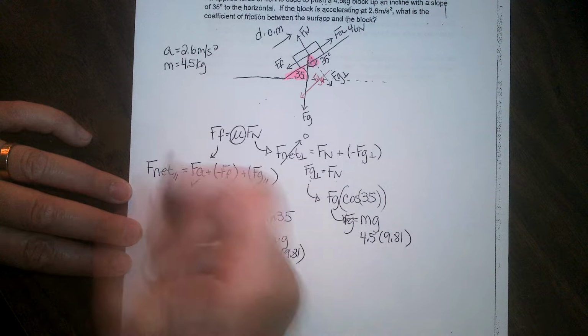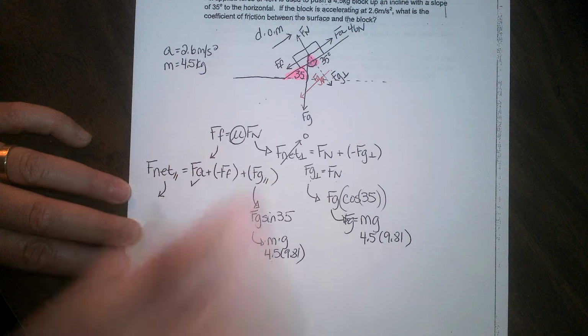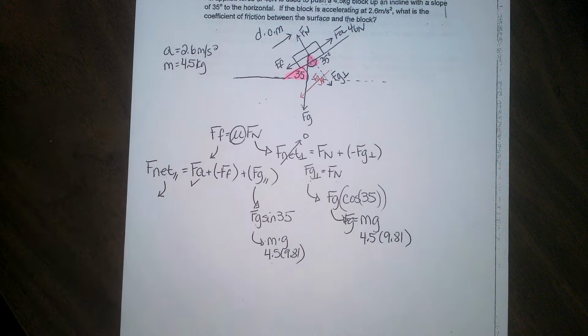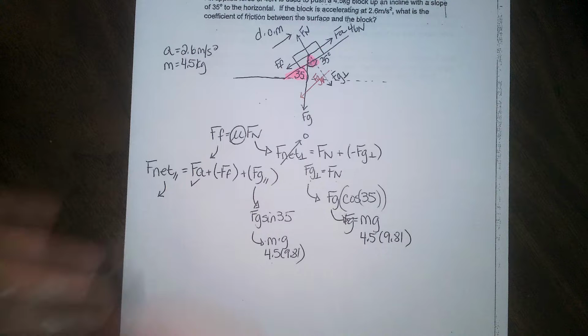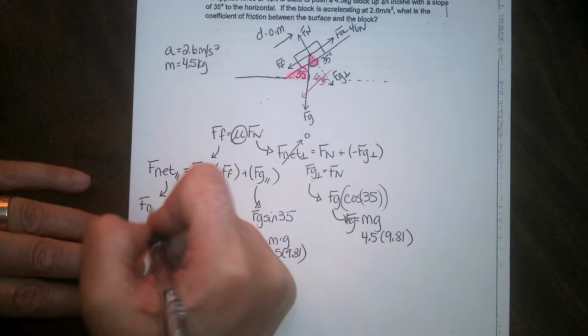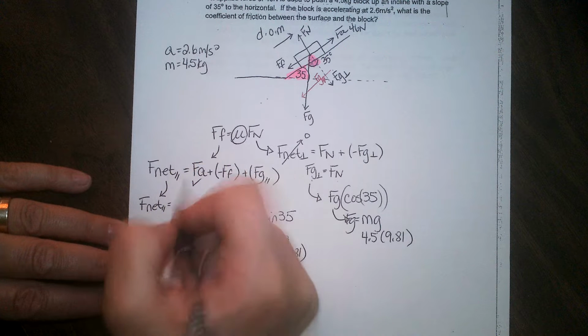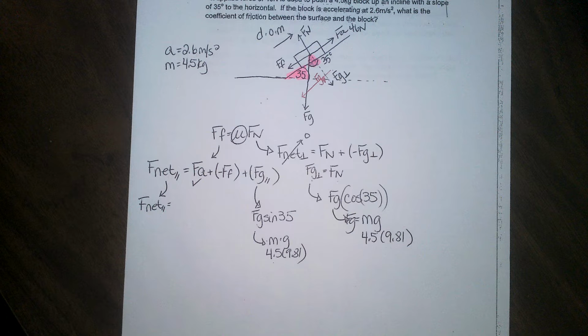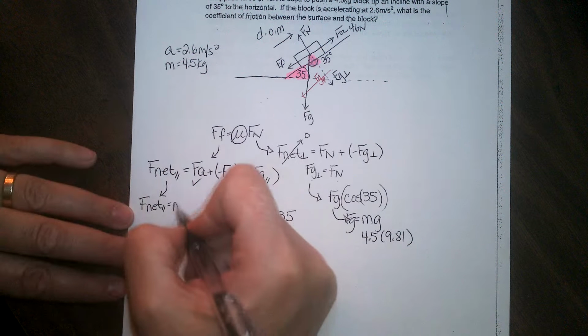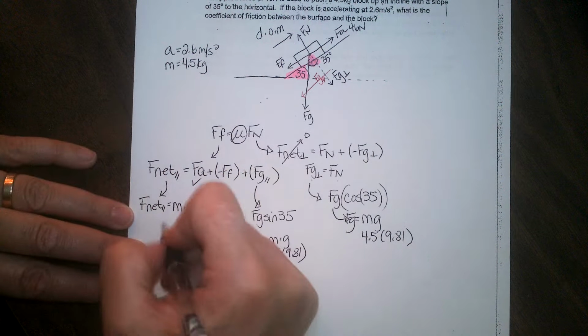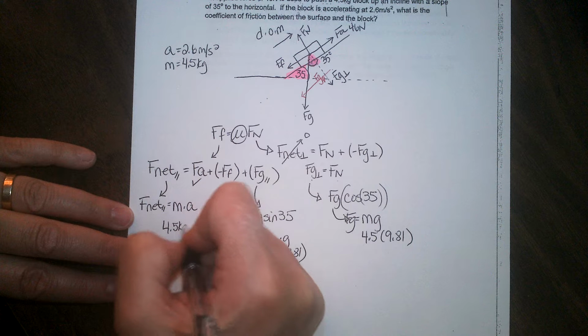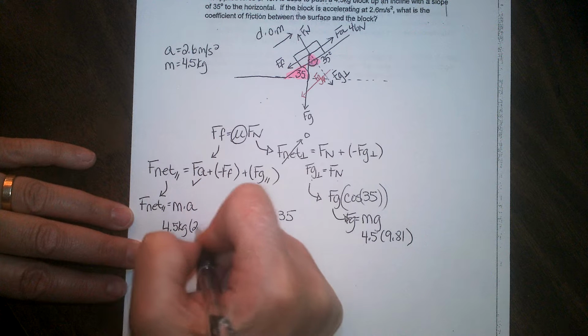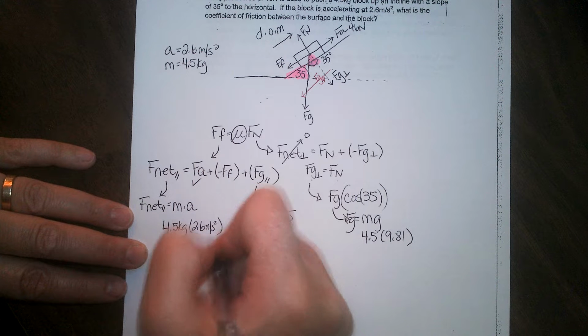What about force net parallel? We don't have that number. Can we solve that number? Yes, we can. Force net parallel is going to be equal to, what's the base formula for force net? Mass times acceleration. And we have 4.5 kilograms multiplied by 2.6 meters per second squared.